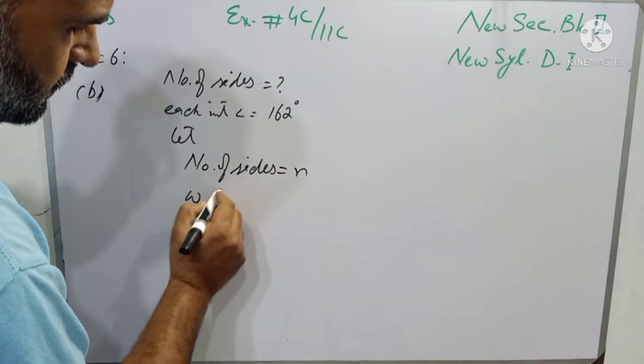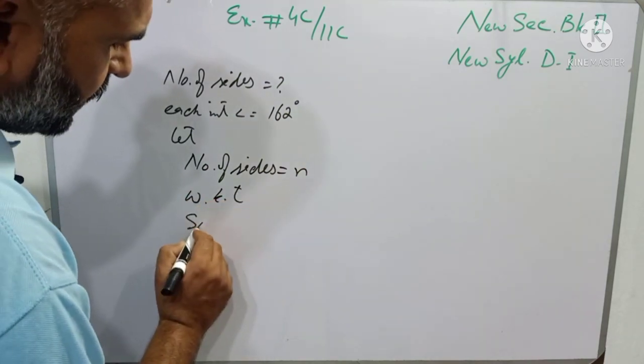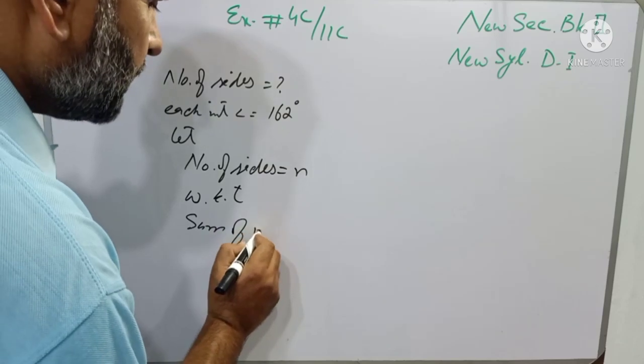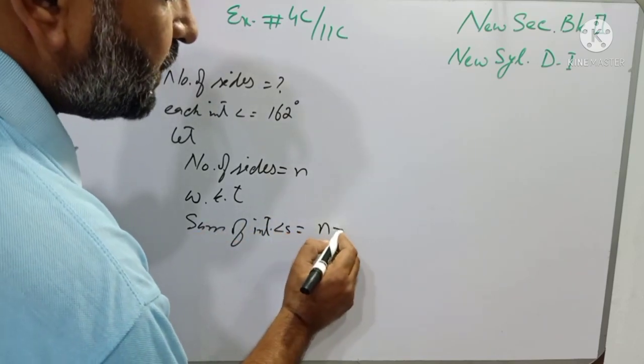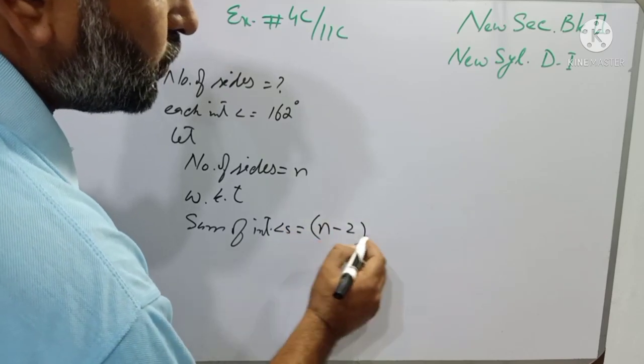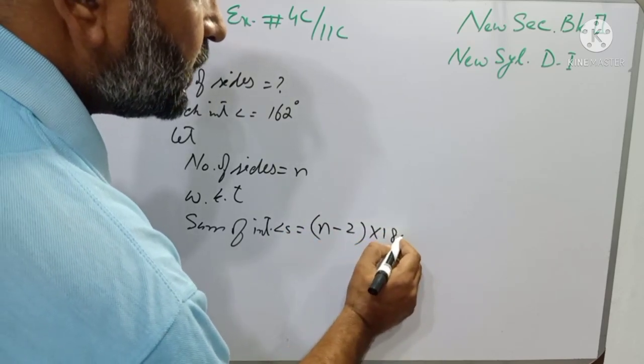We know that the sum of interior angles is equal to n, meaning the number of sides, minus 2 multiplied by 180 degrees.